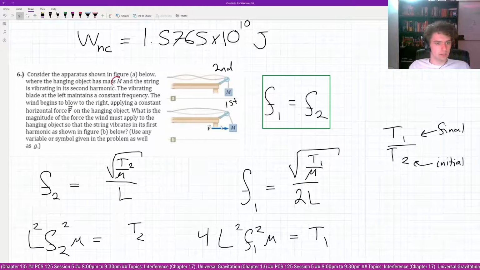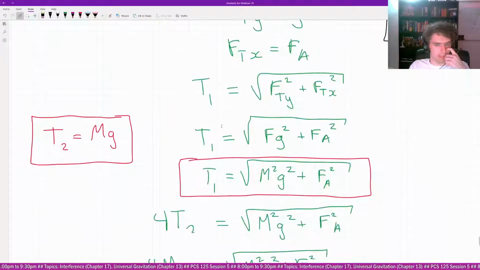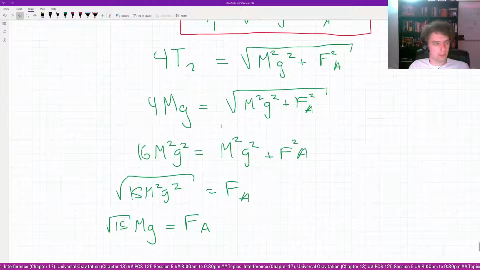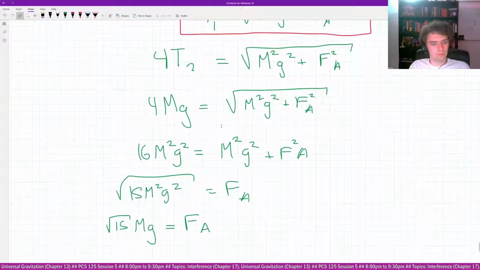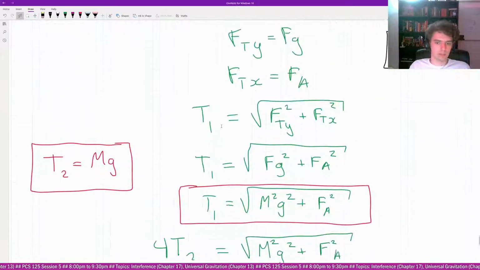Well, we're only given m and F and g. They didn't give us a mass value, it's all variables.